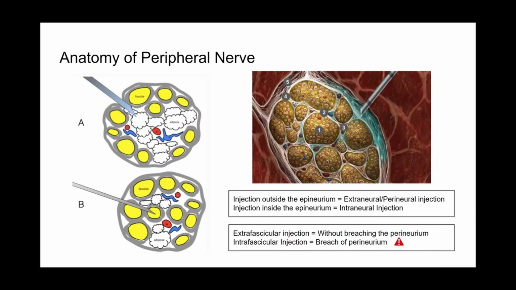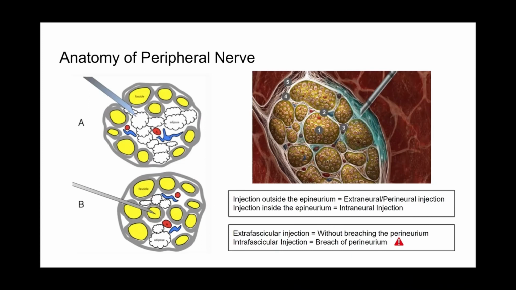In some nerves, like a large nerve such as our sciatic nerve, there will be another layer of connective tissue outside of the epineurium, and the potential space formed in between the outermost connective tissue layer and the epineurium is a potential space for us to inject, and this space is called the perineural space.